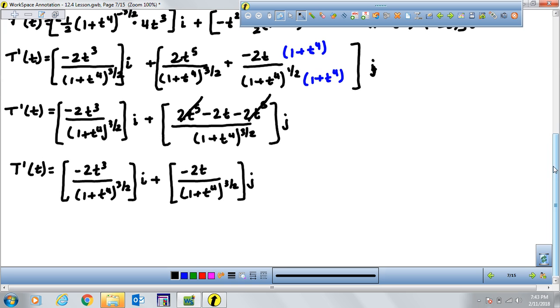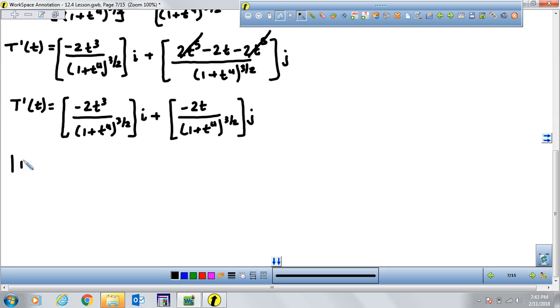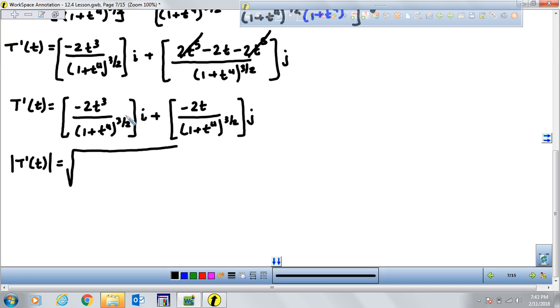Now to find the normal vector, we need to find its magnitude. So the next thing we're going to do is find the magnitude of this vector, which is the square root of the components. Negative 2t cubed squared would be 4t to the sixth power over 1 plus t to the fourth raised to the 3/2.